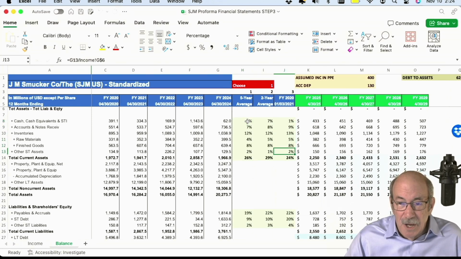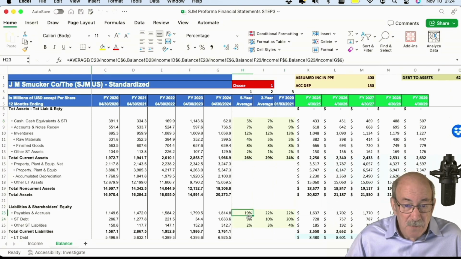So on my balance sheet, these are the accounts, the current accounts that vary spontaneously with changes in revenue. So these are percent of revenue. And down here, I've got my percent of revenue for payables, short-term debt, and other short-term liabilities as well.